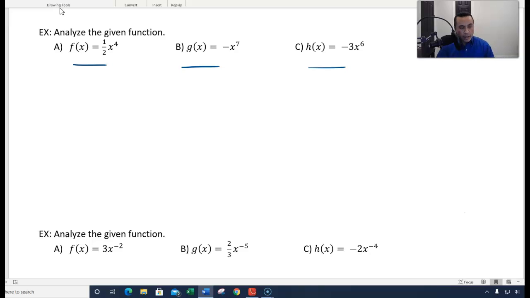See, when you have a parabola, x squared, the parabola goes like this, right? It's a U shape. Well, if you have x to the 4th power, it goes like that too. X to the 6th power, it goes like that too. X to the 8th power, goes like that. It just goes at a faster rate.